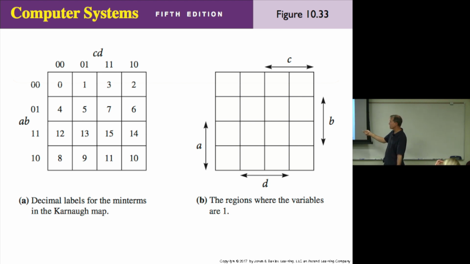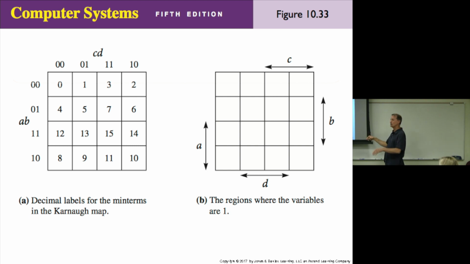The first one is 0, the second one is 1, then 2 is way over to the right, and then 3 is the next one to the left of that. The second row is 4, 5, and then 6 is on the right column, and then 7 is to the left of it.